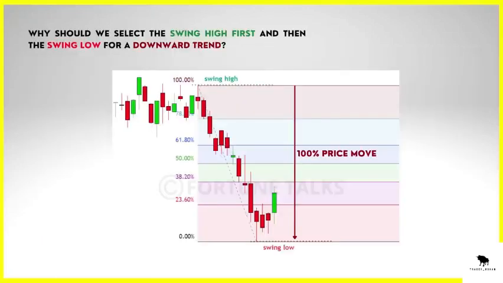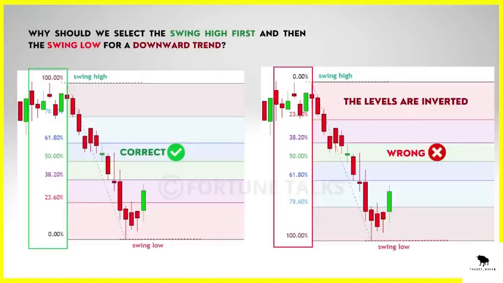Now, why do we have to select the swing high first and then the swing low for a downtrend? The reason is quite simple. In a downtrend, the 100% swing move is measured from the recent swing high to the recent swing low, and if we draw the Fibonacci tool from the swing low to the swing high, then the retracement levels will get inverted, meaning that 0%, 23.6%, etc. will be marked near the swing high, and the 78.6%, 100% levels will be marked near the swing low.